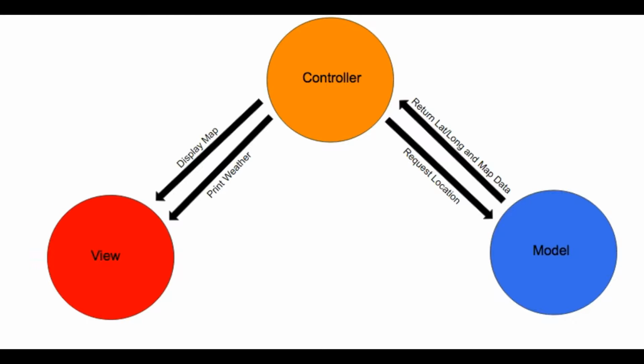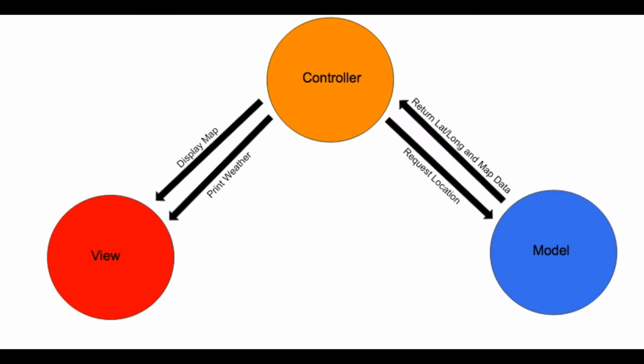The model represents the lowest level that is responsible for maintaining data within the application. The view, as the name sounds, is responsible for displaying all of the data for the user to see and interact with. And the controller is the code behind the application that controls all of the interactions between the model and the view.